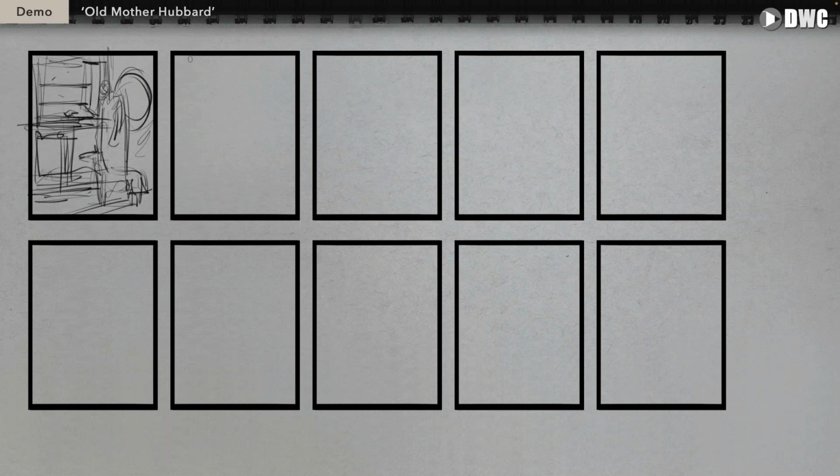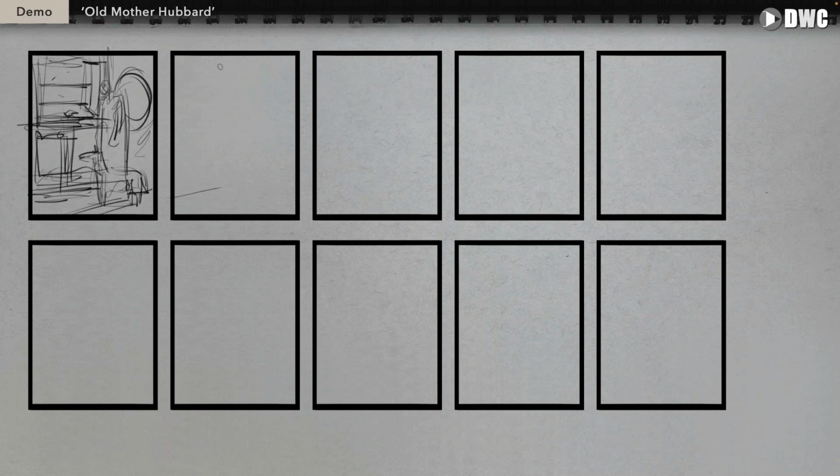I'm not an animal guy. Okay, so old Mother Hubbard and her llama or goat, whatever this is. It doesn't quite look like a dog, but whatever.